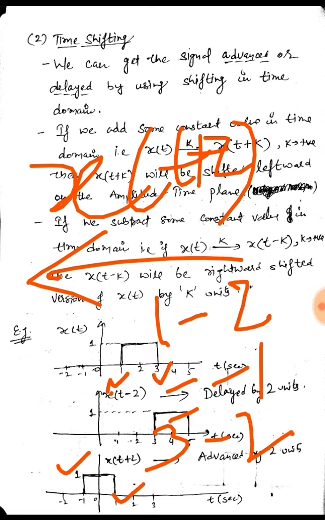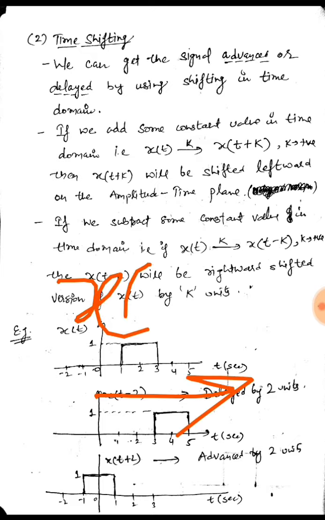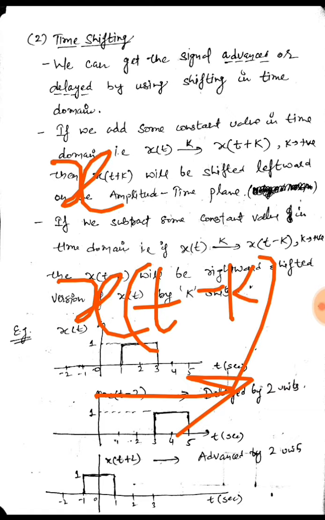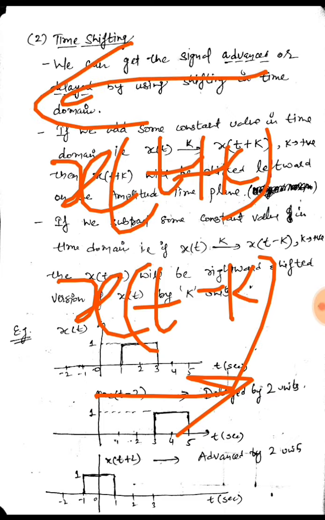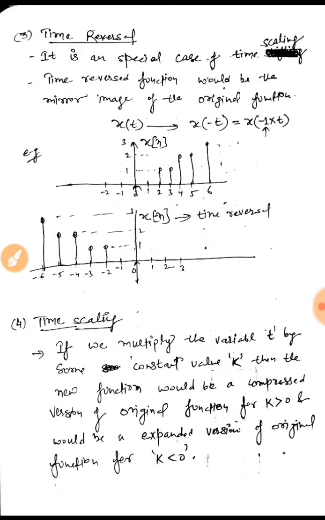So the amplitude remains the same in time shifting. This is how the signal shifts right if I subtract some value, and if I add some value, it will go leftward. So this is how shifting takes place.